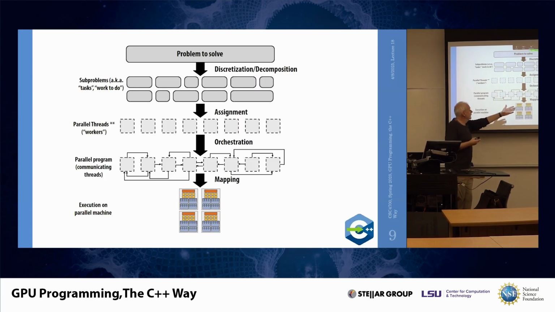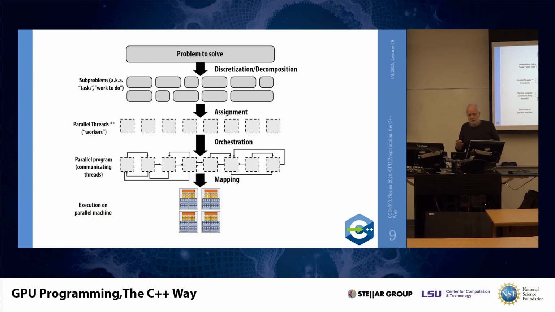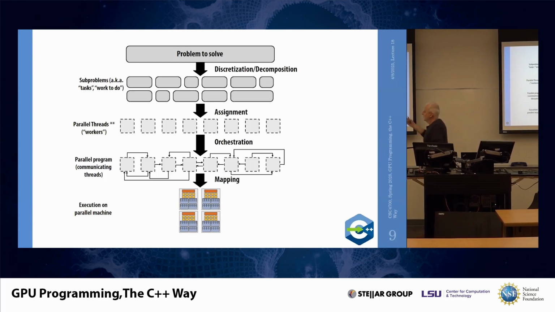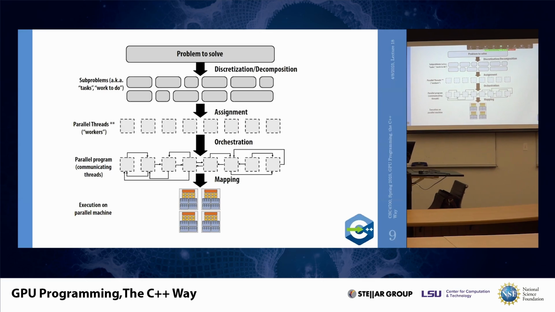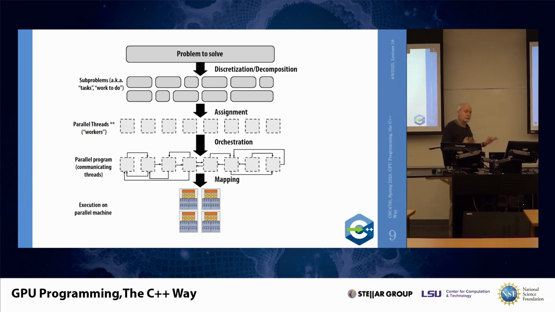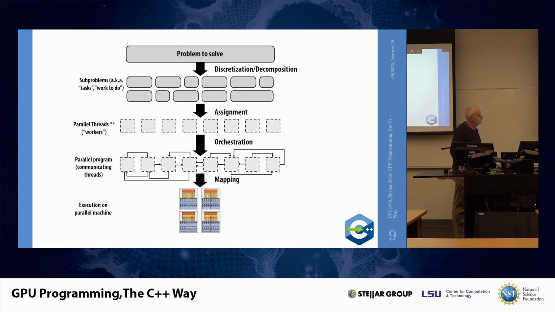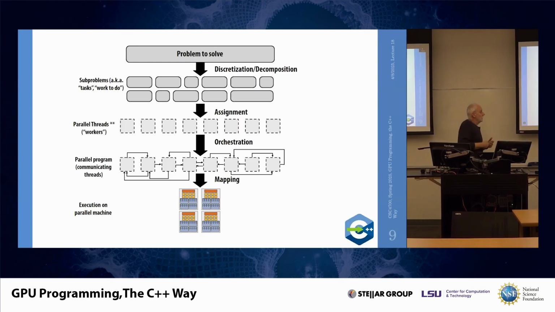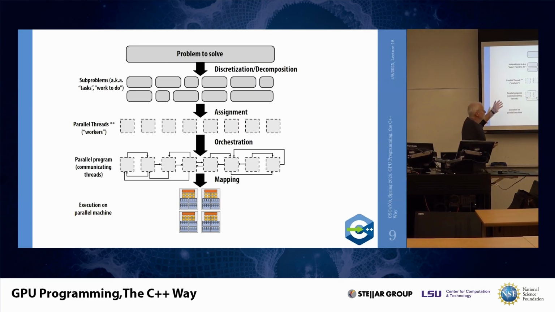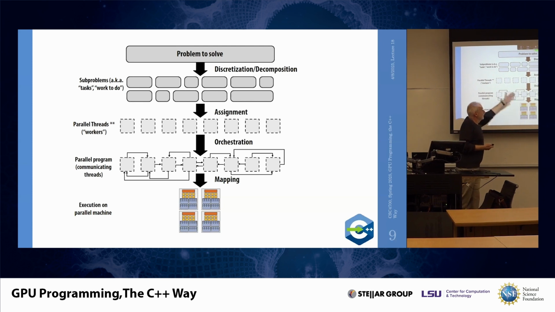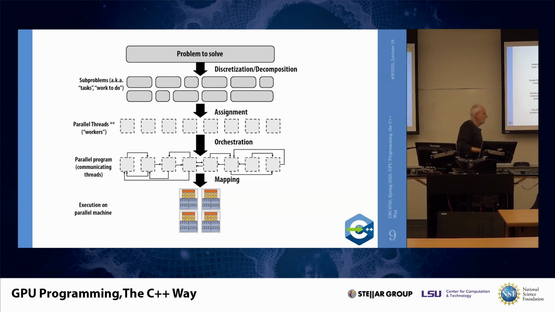I need to orchestrate the threads, the interrelationship between those threads, and I have to map things onto the concrete hardware. Before we said, okay, use HPX for the three things below when it goes to CPUs. But in the Kokkos library, the same is done essentially, but this time in a more platform-independent way.